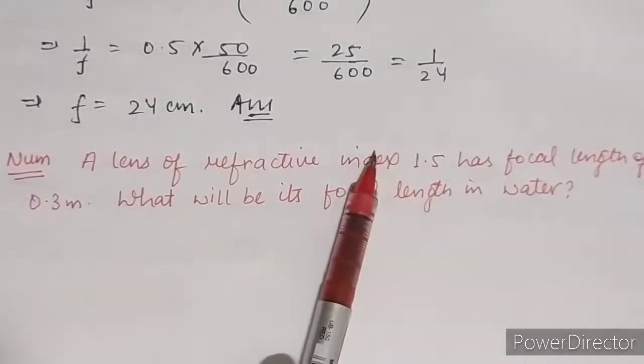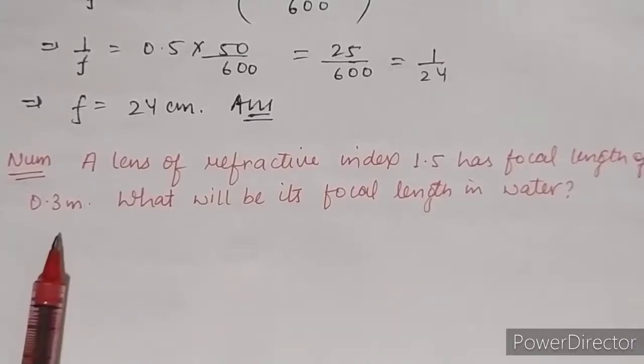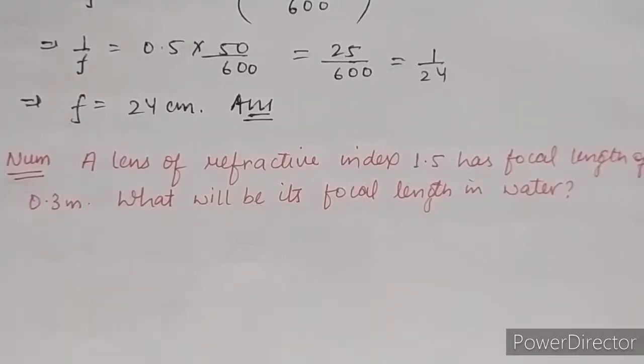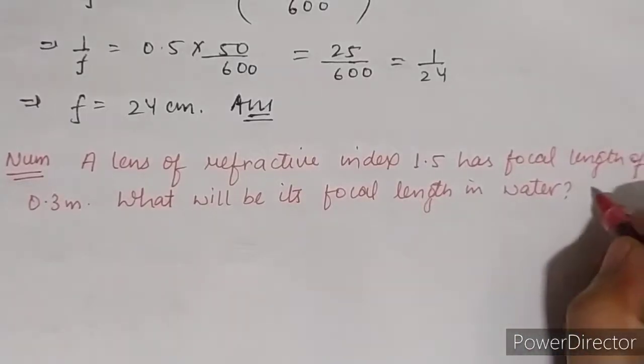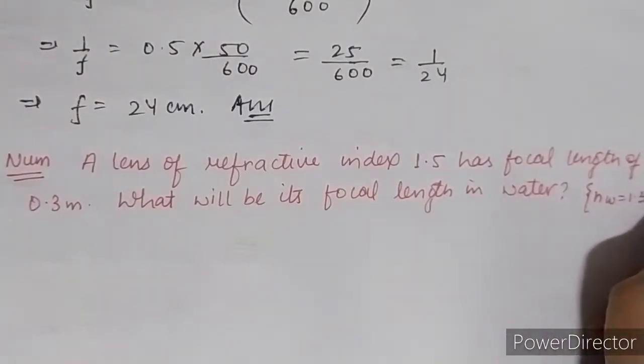Okay, so this is for the air. So which formula do you have to apply, beta? 1 upon f, the refractive index for the air is, always remember, 1, okay, and for the lens the refractive index is 1.5 and you have to find it. Then for the water, always remember the refractive index of water is 1.33.